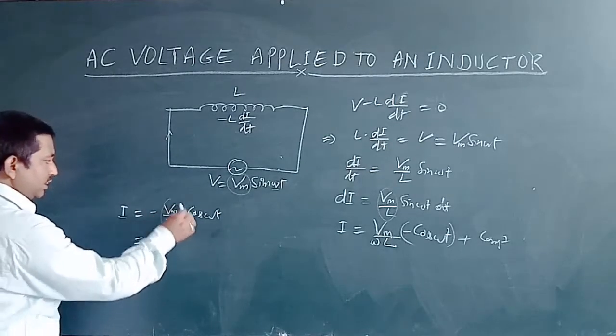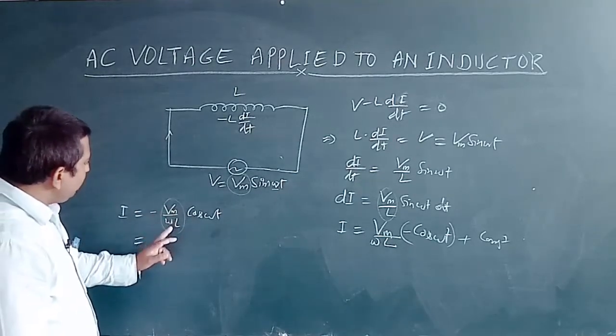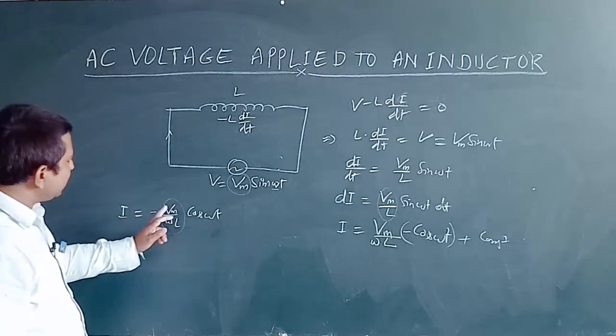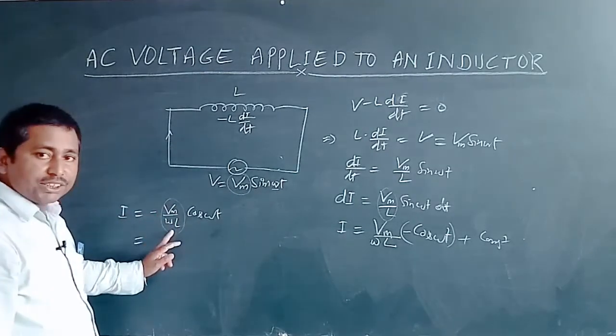Now as we know, current can be expressed as the ratio of the potential to the resistance.